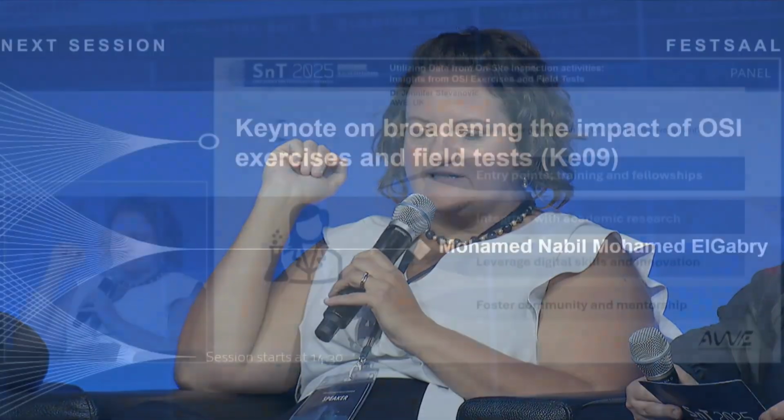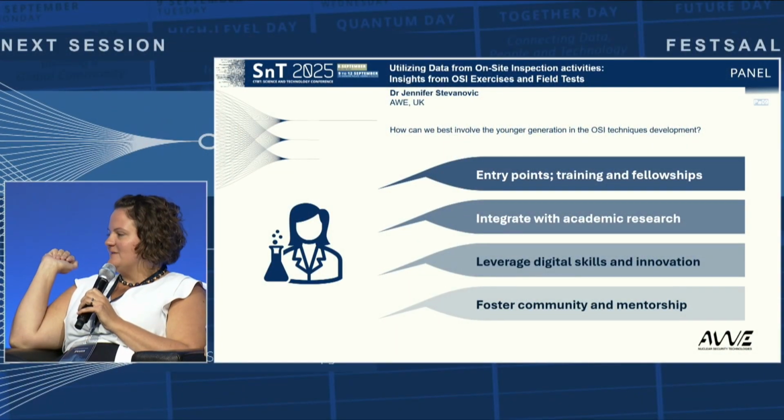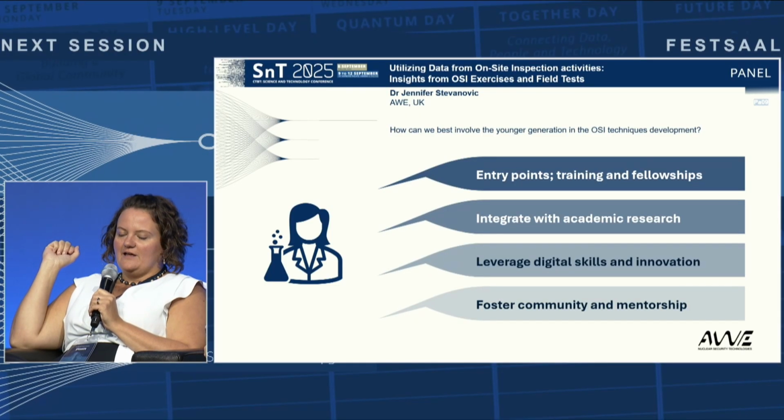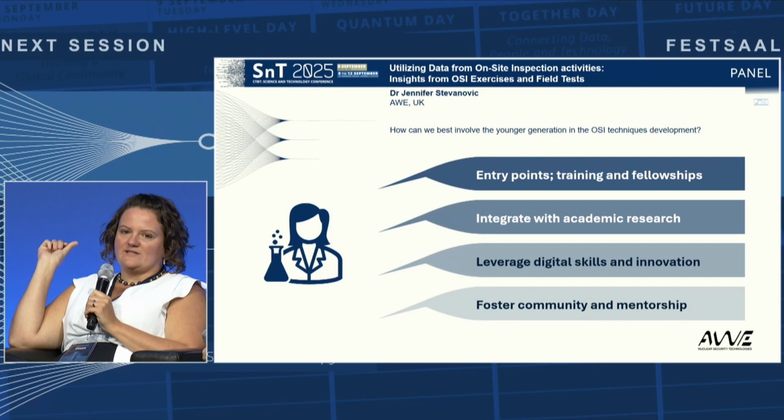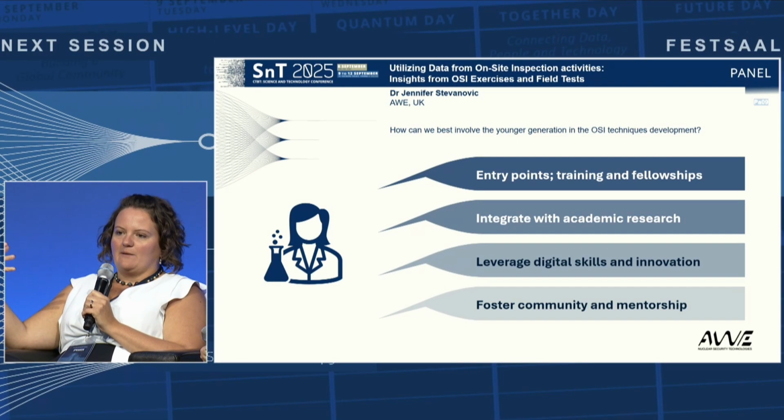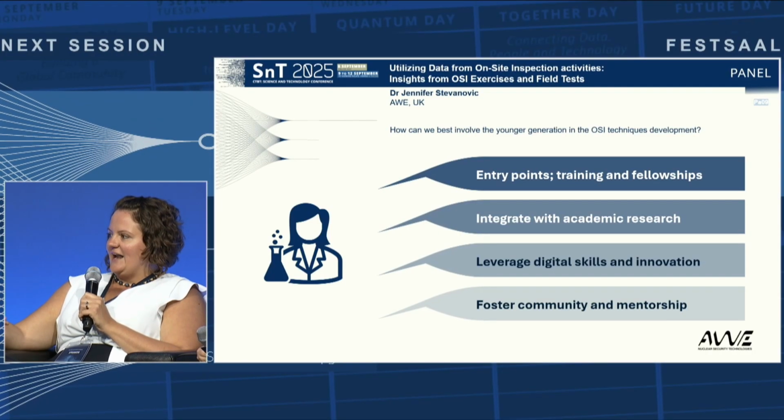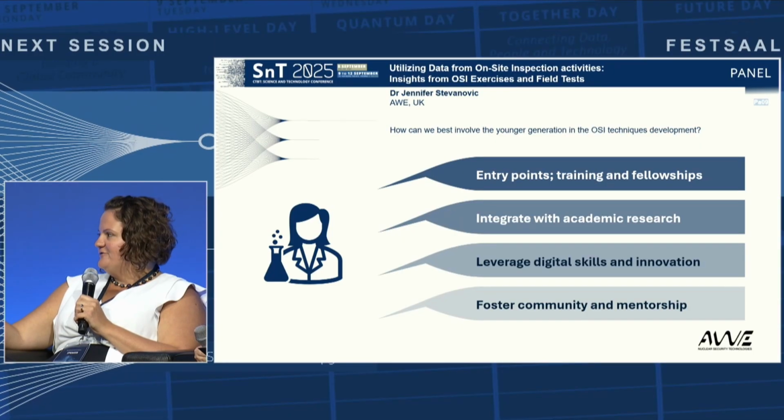Thanks. Before I start with my points on the slide, I want to pick up on something Mr. Lee said. If you ask anybody who is involved in OSI, we all feel like we're part of the OSI family. Once you become part of the OSI family, you're in for life.